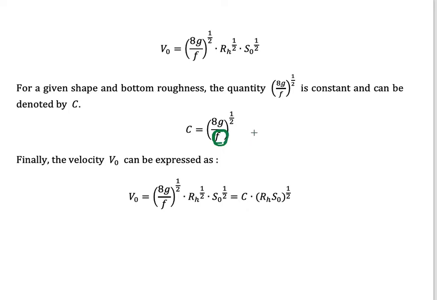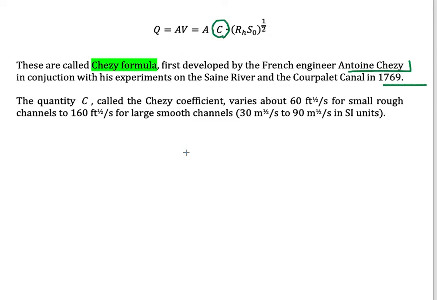So C here is the physical shape of the conduit, meaning it is different from one type to another. The value of C is a constant that needs to be determined one by one, so we call it the Chezy coefficient.